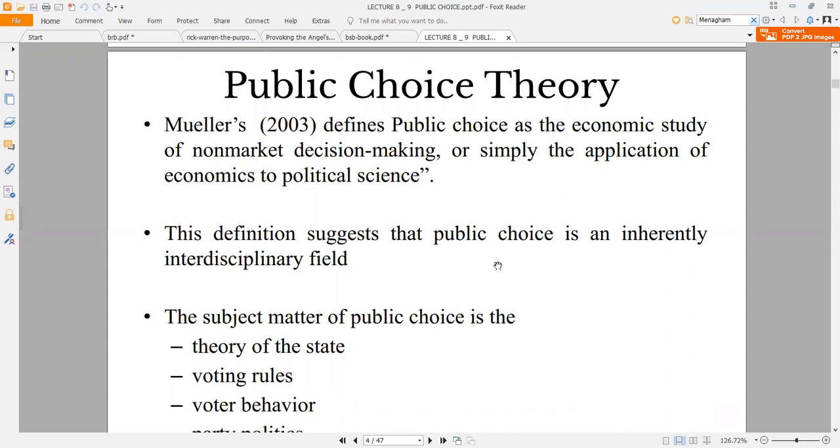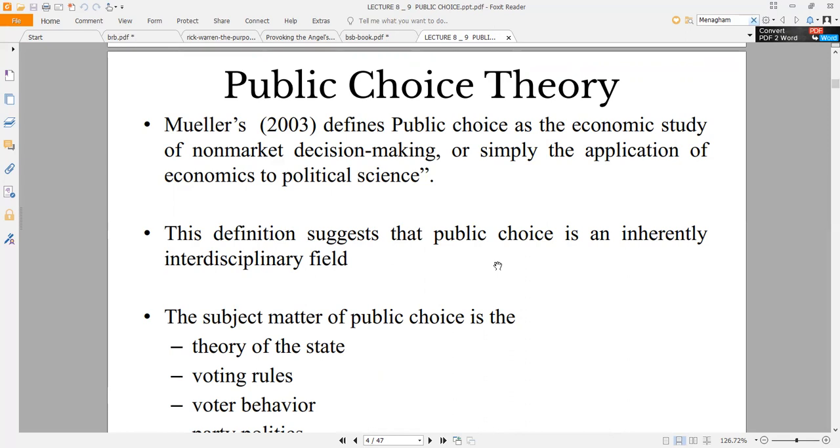According to Mueller, he defines public choice as the economic study of non-market decision making, or simply it's just the application of economics to political science. So how does economics affect the political system? Basically this is what public choice is about.